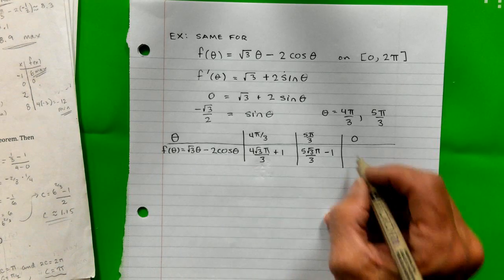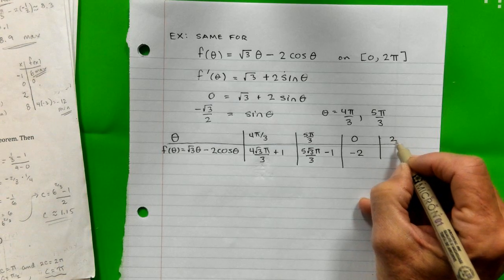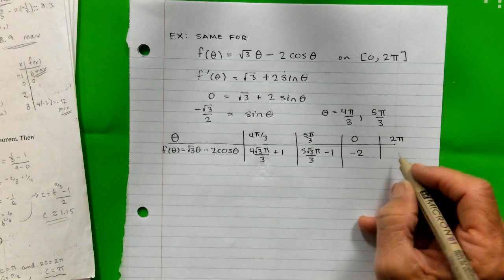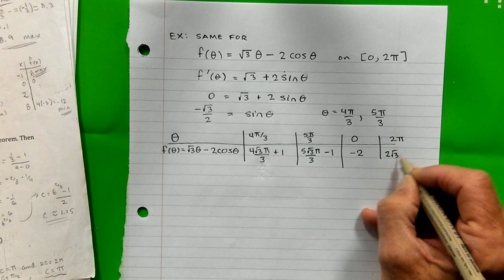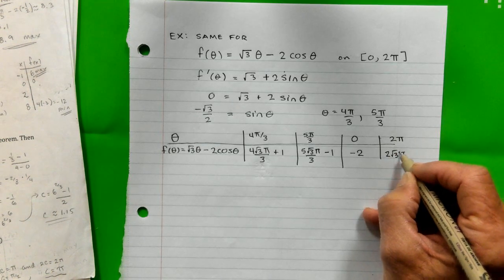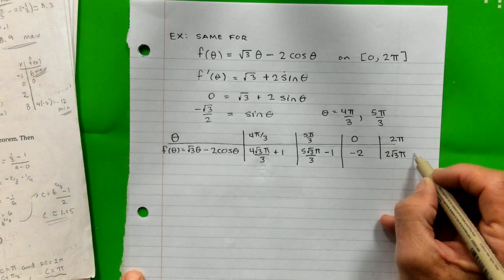Cosine of 0 is 1, so here the value is negative 2. At 2 pi, I'll have 2 pi times the square root of 3, I'll write as 2 square root of 3 pi. Cosine of 2 pi is 1, and so I'll have a minus 2.